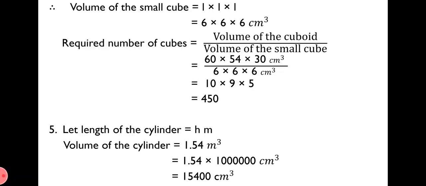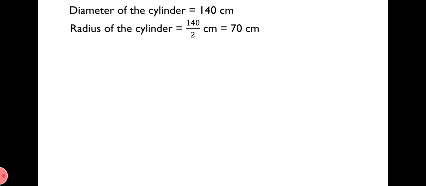That is equal to 15,40,000 centimeter cube. This is the volume of the cylinder in centimeter. Now the diameter is given as 140 centimeter. Therefore radius of the cylinder equals 140 upon 2, that is equal to 70 centimeter.